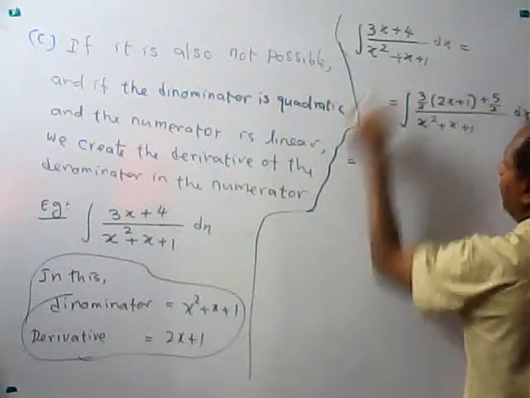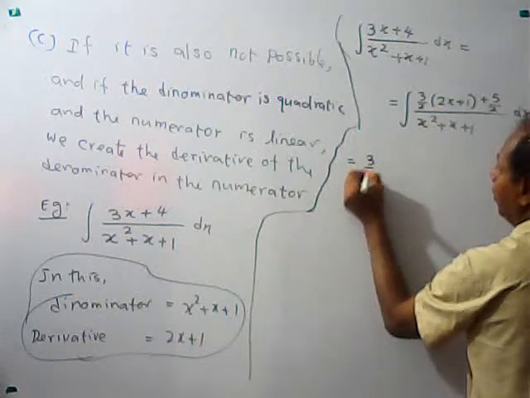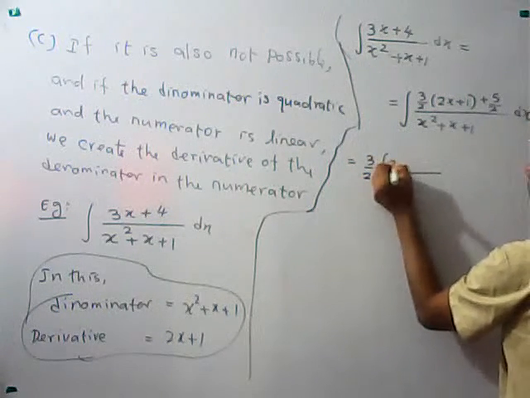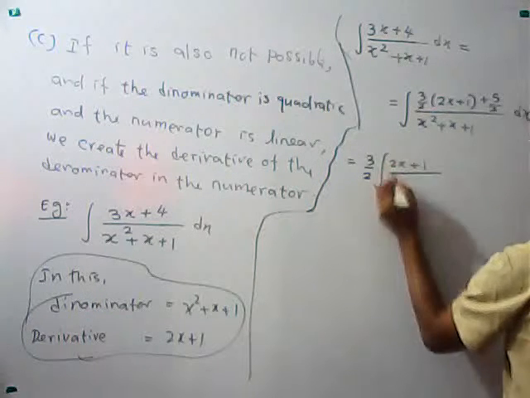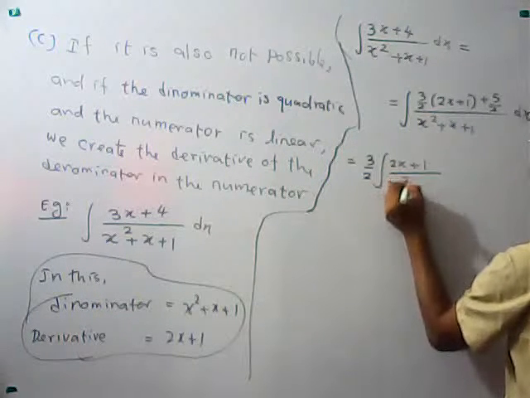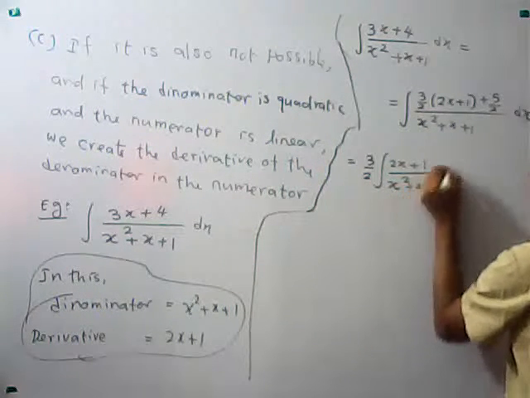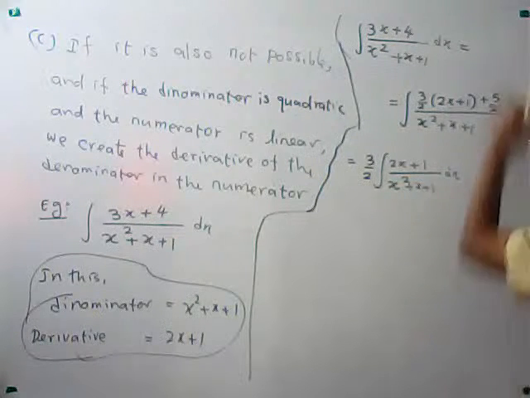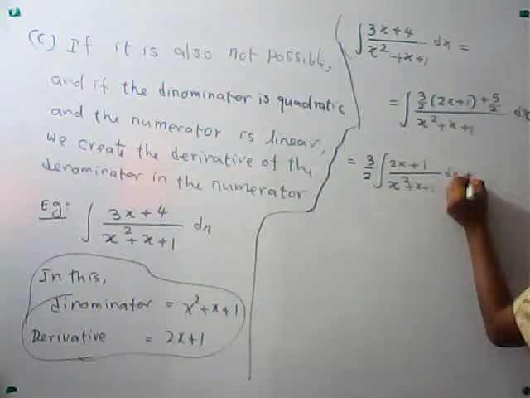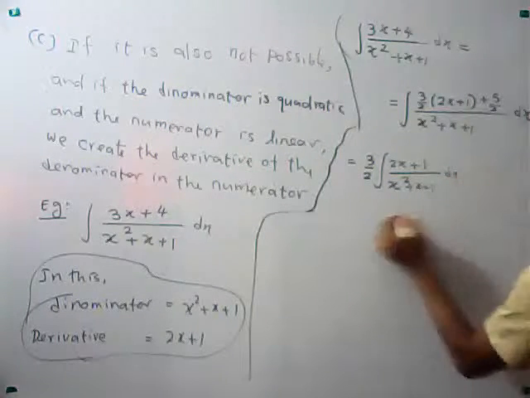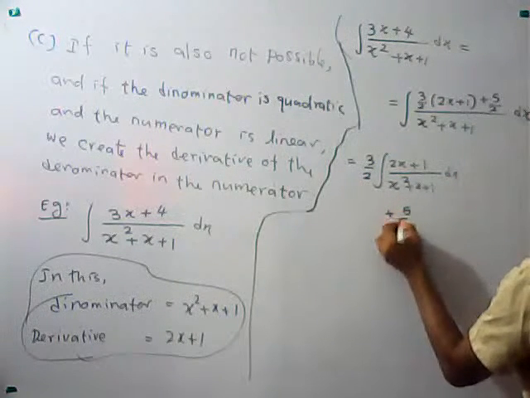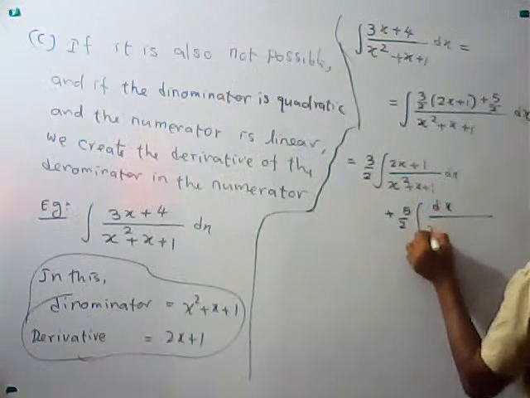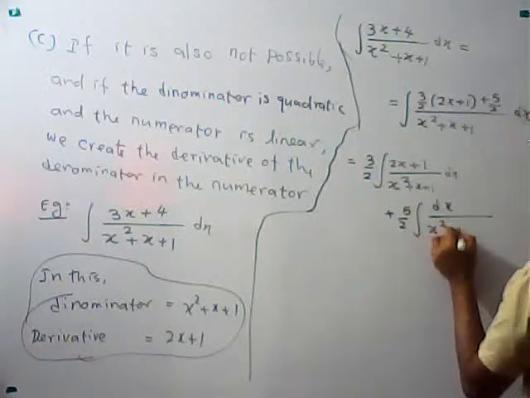Equal to, I take 3 over 2 out: the integral of (2x plus 1) over (x squared plus x plus 1) dx, then plus 5 over 2 taken out: the integral of dx over (x squared plus x plus 1).